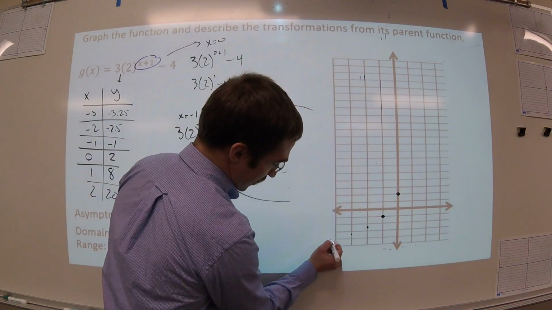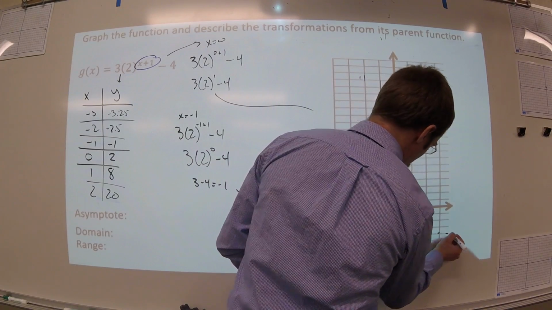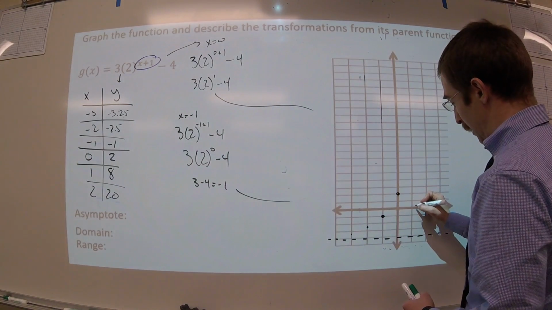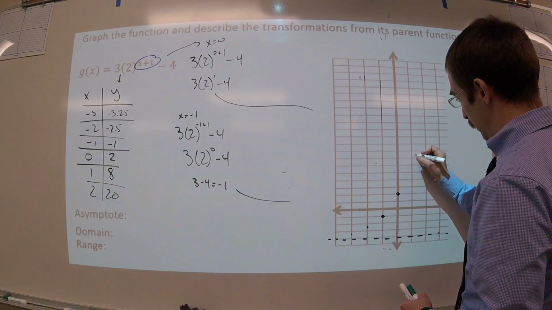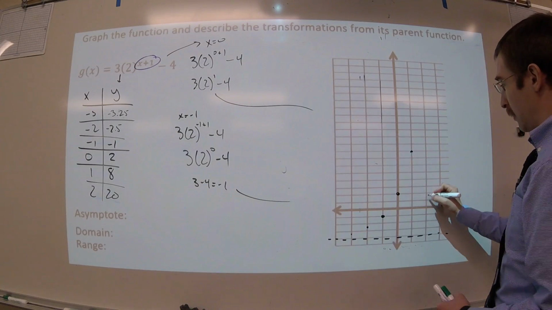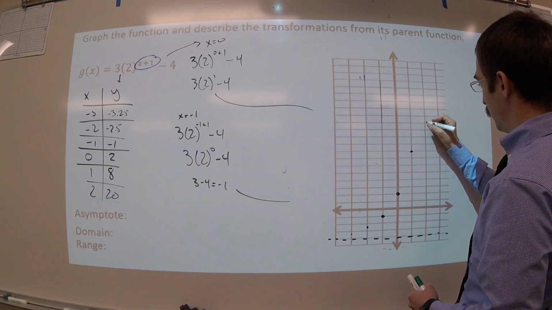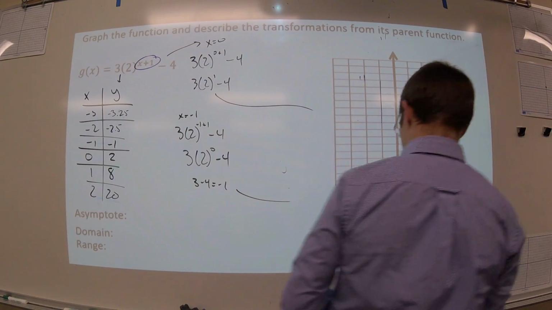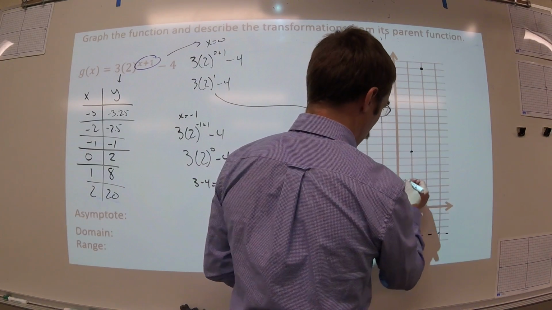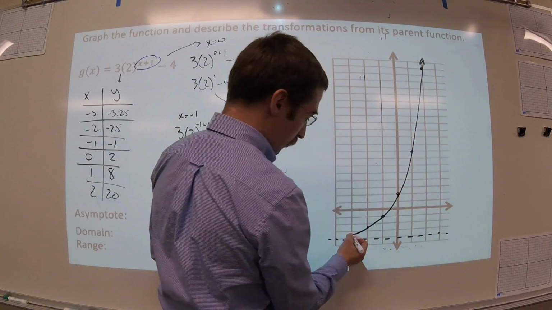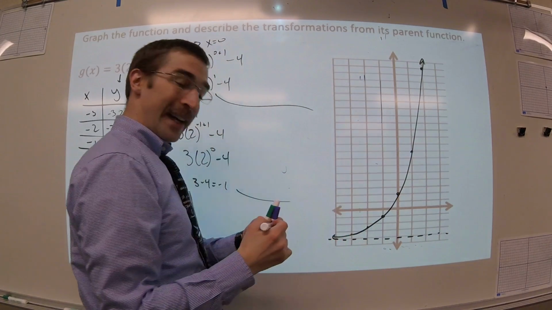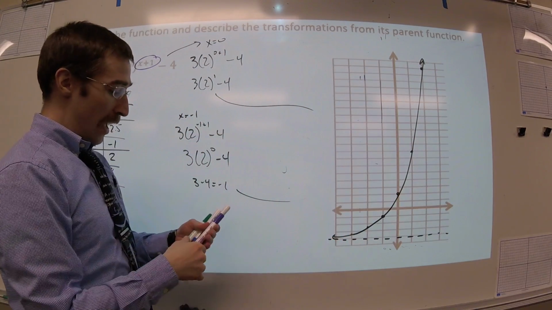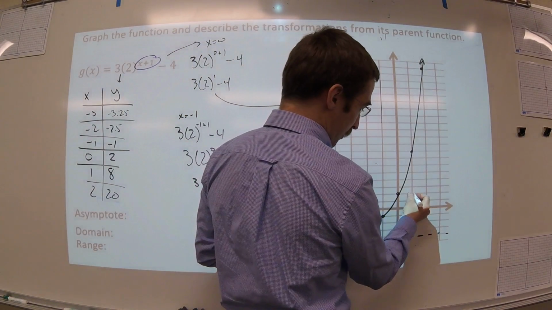We're still going to have this asymptote. Boom. We have this graph, which looks almost exactly like our previous graph. What happened though, our previous graph was right here.